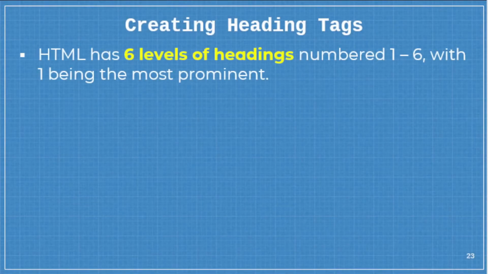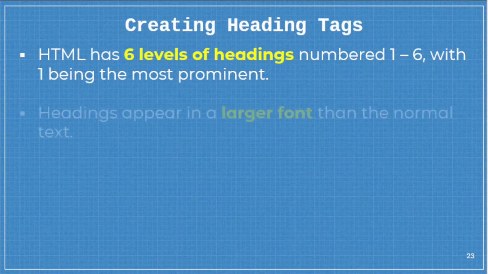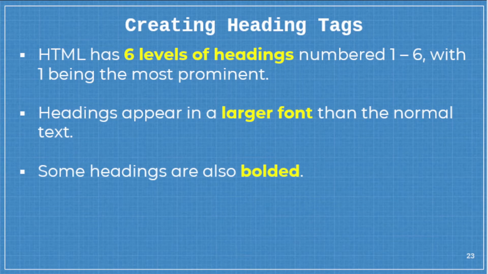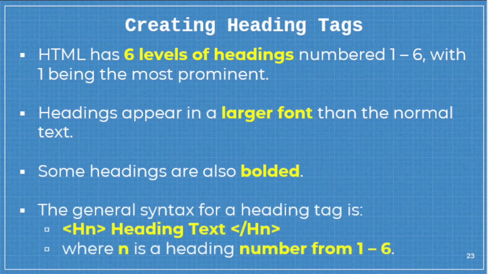To create the heading tags, you first have to understand that HTML has 6 levels of headings, numbered 1 to 6, with 1 being the most prominent. When we say prominent, that's the biggest, H1. Headings appear in a larger font than the normal text. Some headings are also bolded. The general syntax for a heading tag is H, then N, which represents the number from 1 to 6, then the heading text, and then /H.